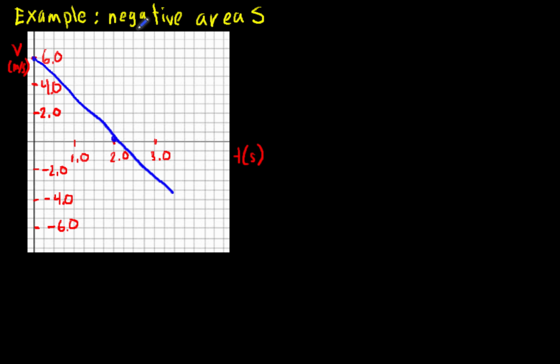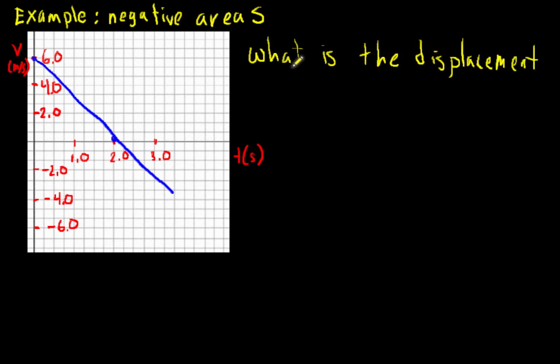Here's another example, and this example is going to include a negative area. In this graph, I want you to find what is the displacement between time equals 0 seconds and time equals 3 seconds.